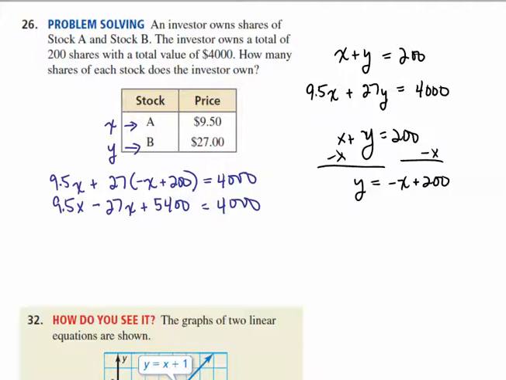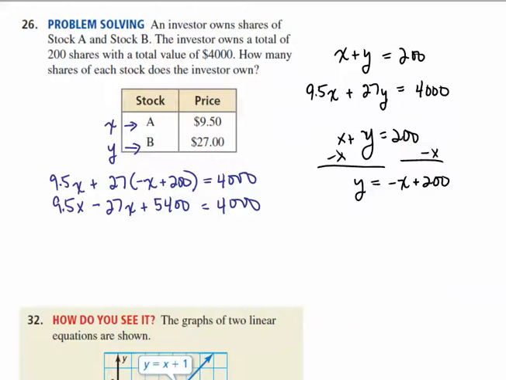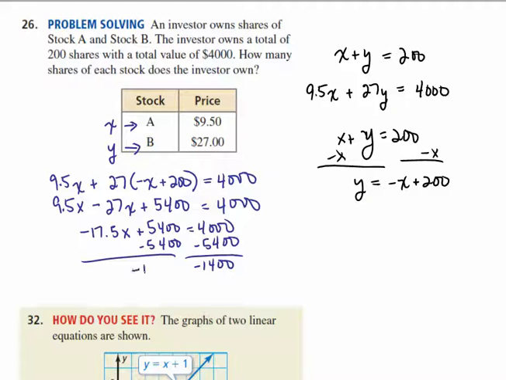Now, when we simplify here, we get 9.5 minus 27, or negative 17.5X, plus 5,400 is equal to 4,000. And we're going to subtract 5,400 on both sides, leaving us with negative 1,400 is equal to negative 17.5X.